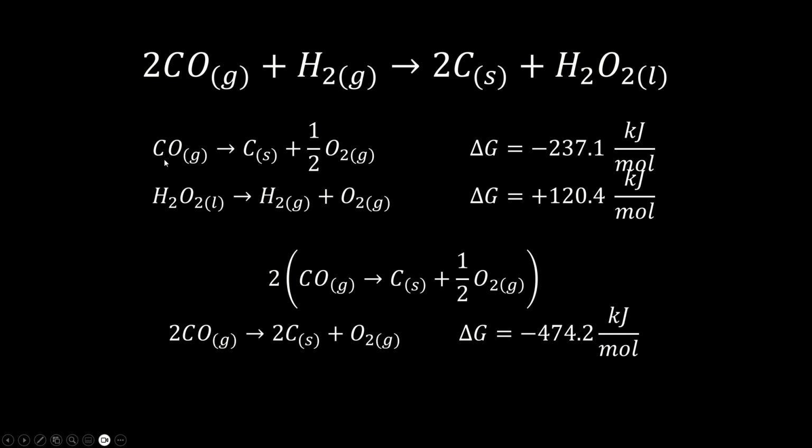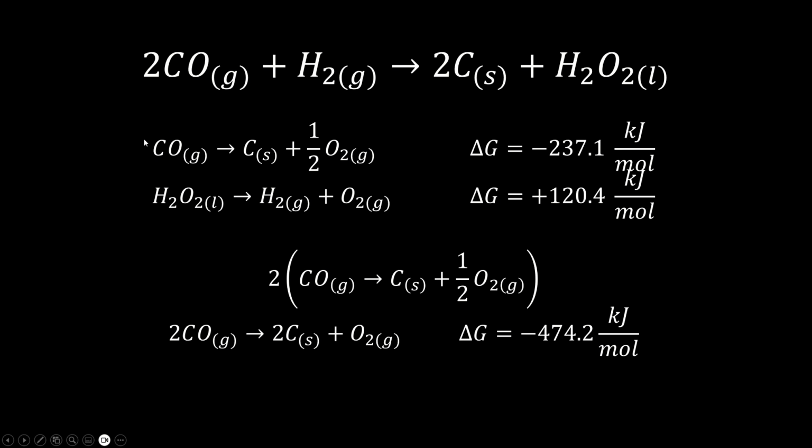In this known reaction, carbon monoxide is also a reactant. So let's not change anything as far as what's a reactant and what's a product. But let's look further at the stoichiometry. Our chemical reaction wants to take into account 2 moles of carbon monoxide. This known reaction only takes into account 1 mole of carbon monoxide gas.